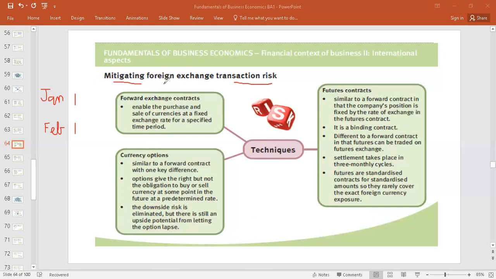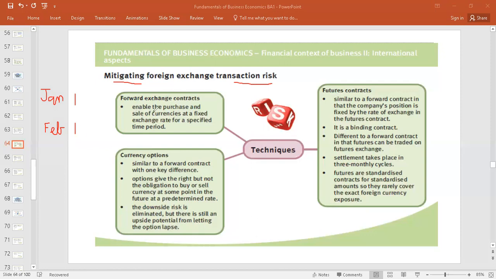People trade in foreign currencies, they buy and sell foreign currencies, and they benefit from the fluctuation in the foreign exchange. So if there is a transaction involving foreign exchange, the day they decide on transacting in foreign currencies, they can also decide the rate at which they would be fulfilling the contract.